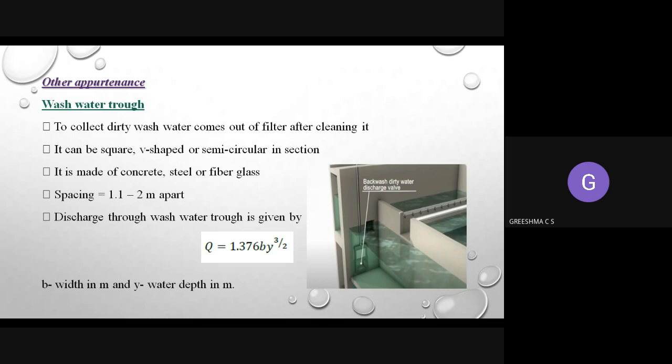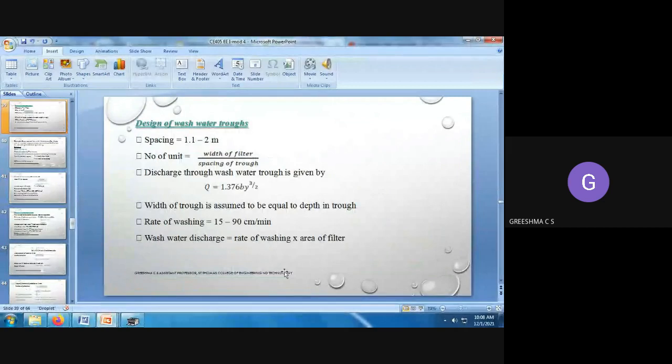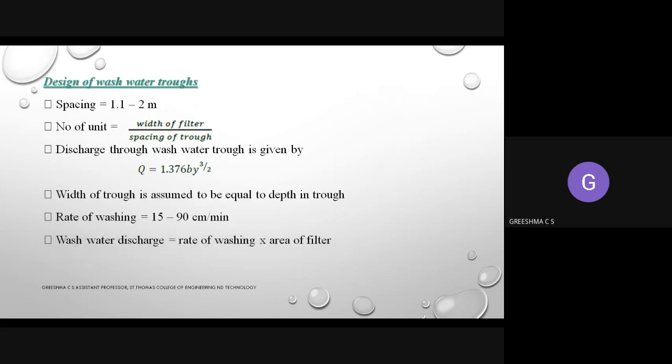You have to provide 2 or 3 wash water troughs, because a lot of water has to be removed. The number of wash water troughs is obtained by dividing the width of the filter by the spacing.